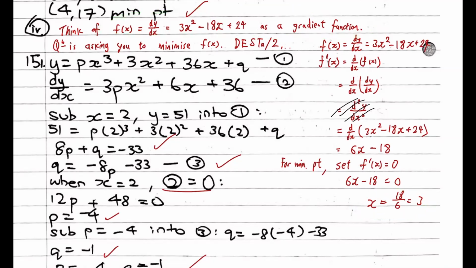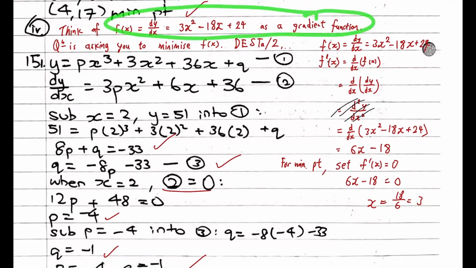How to find that minimum gradient? What does gradient function mean? If I tell you it's a fried rice function, what does it mean? Fried rice function means you put in the ingredients for fried rice, it will produce a plate of fried rice for you. Then gradient function?